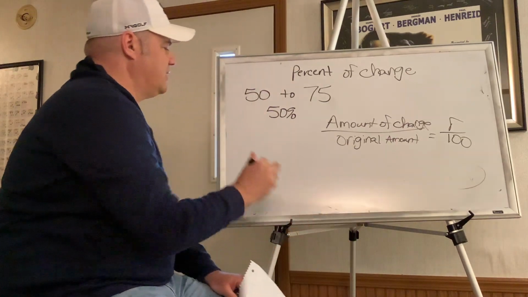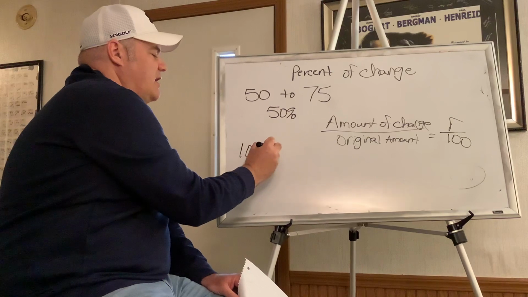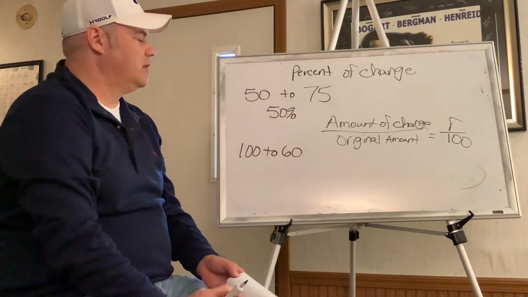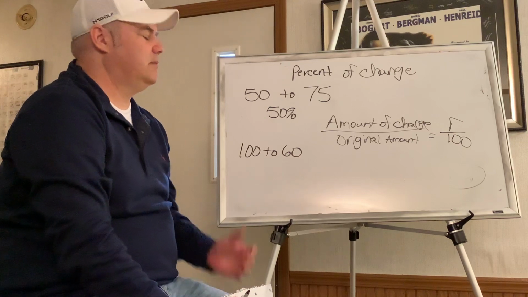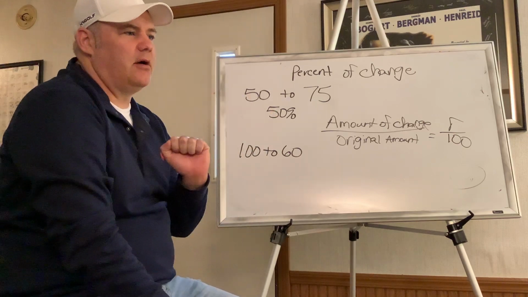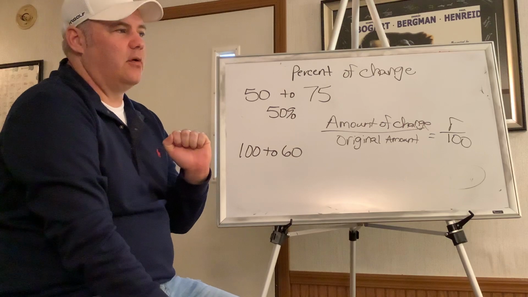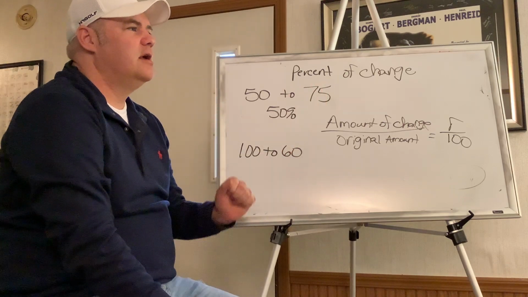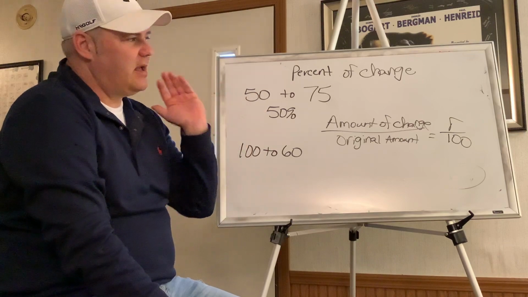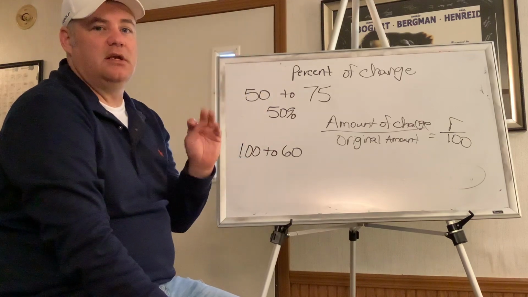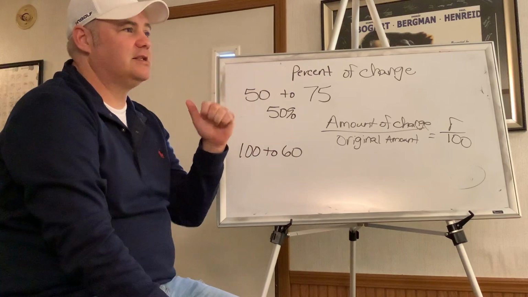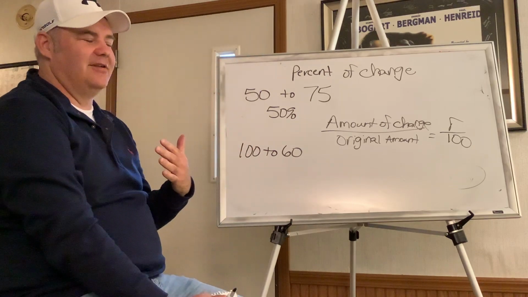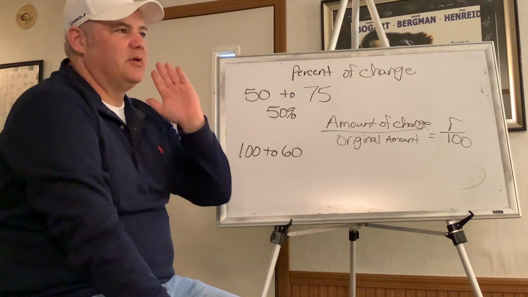Okay, let's do that one where I decreased, where I said I went from 100 to 60. Let's say I was traveling down the road at 100 miles per hour. Say a friend is traveling 100 miles per hour, and all of a sudden up ahead you see that special car with the little things on top, and everybody slows down.